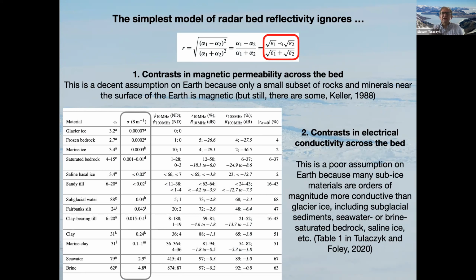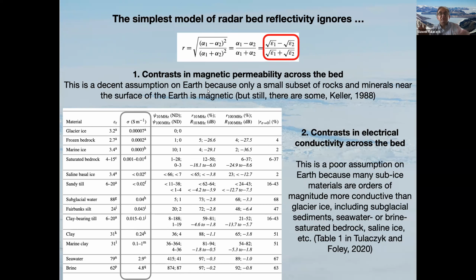Because the two underlying assumptions of going from the Maxwell's equations to boiling down the reflection coefficient for a normally incident wave to this simple relationship basically means that you're saying that there is no contrast in magnetic permeability across the basal interface, which is a decent assumption on Earth, because there is a relatively small subset of minerals and rocks that actually are magnetic enough to produce reflections.